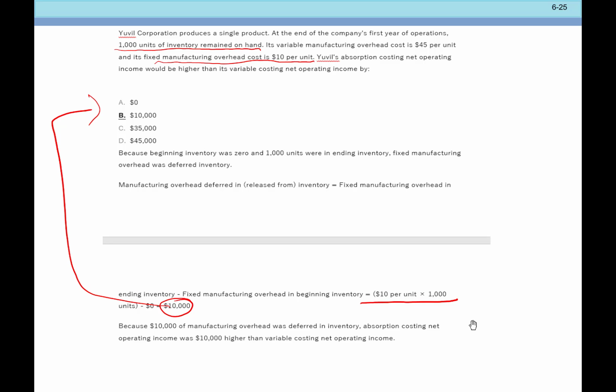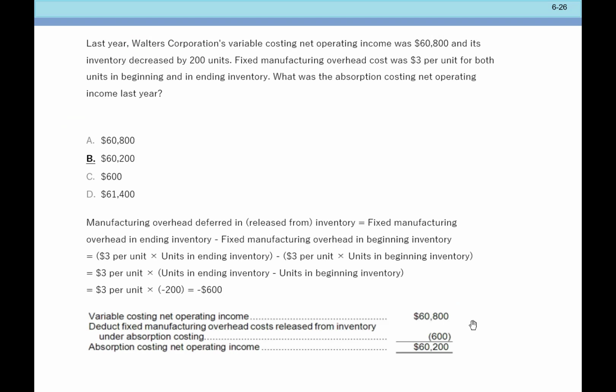All right, good. Let's take a look at this one. Last year, Walters Corporation's variable costing net operating income was $68,800. Its inventory decreased by 200 units. Fixed manufacturing overhead cost was $3 per unit for both units in beginning and ending inventory.